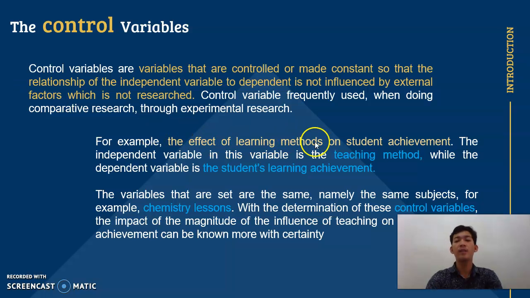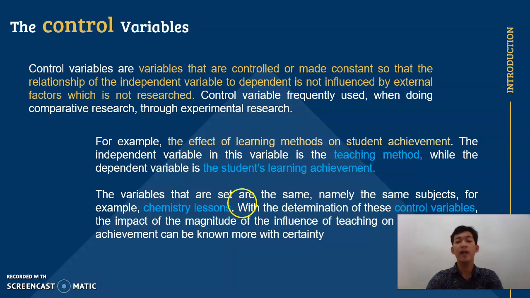The effect of learning method on the student achievement. The independent variable is the teaching method, but the dependent variable is the student's learning achievement. So if there is no control variable, what is the subject of the lesson from the student achievement?